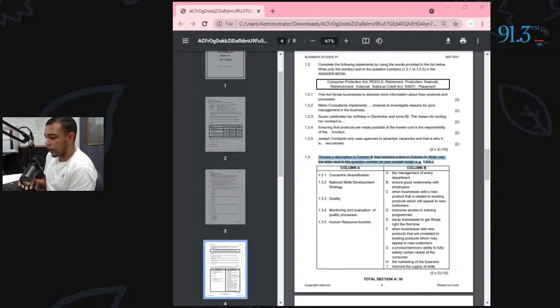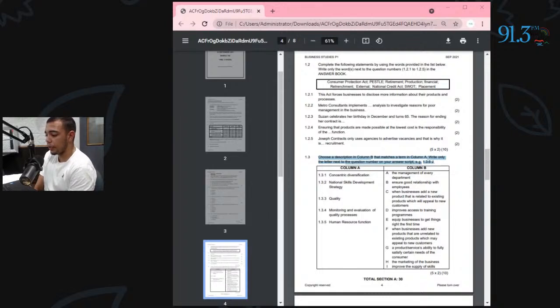So when we come to concentric, we need to know that it is related to existing products. So therefore the answer would be C. This diversification, also there are the other 2, horizontal and conglomerate.